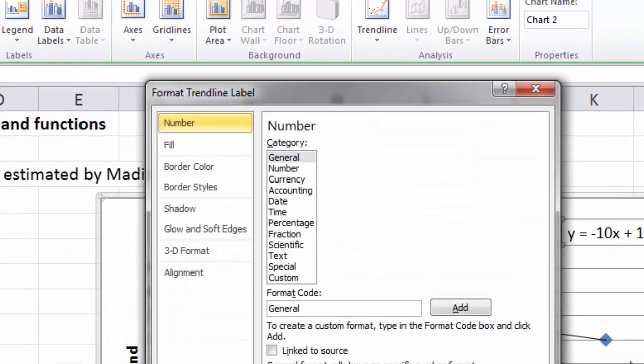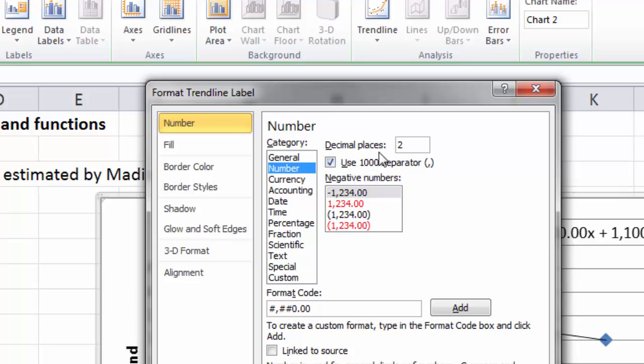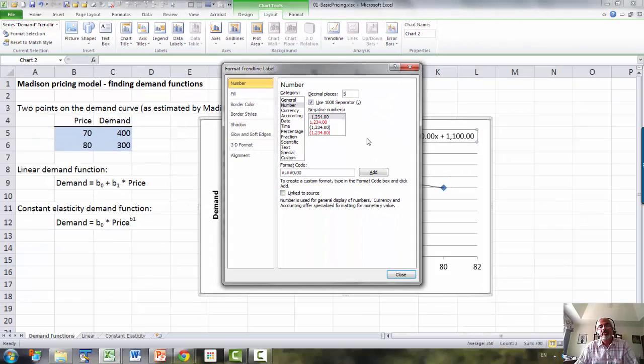Select number, and here is where you can increase the decimal places. I'll put 5 decimal places. In a linear function, it probably doesn't matter. 2 decimal places would be fine. But when you go to constant elasticity or exponential function, you do need several, at least five, maybe more.